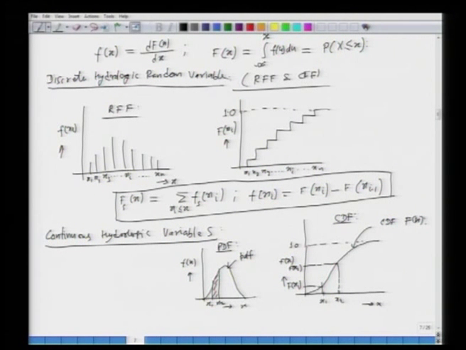If you take any 2 points, that is what it will represent, and we know that F of x represents a certain kind of probability, as I said.